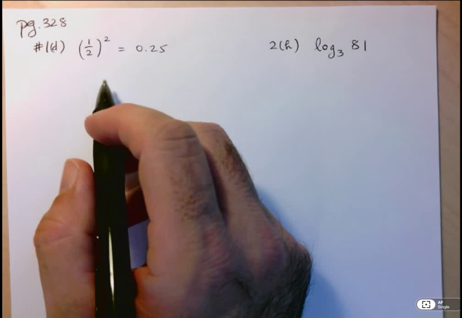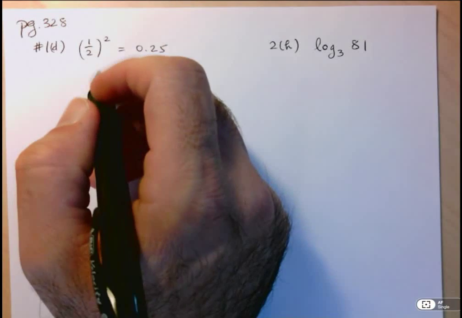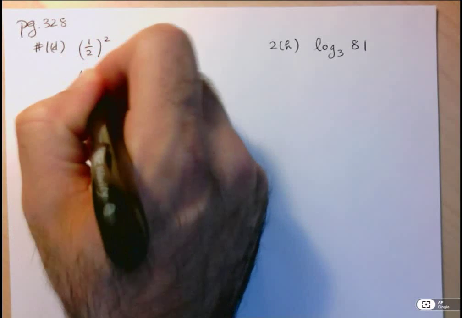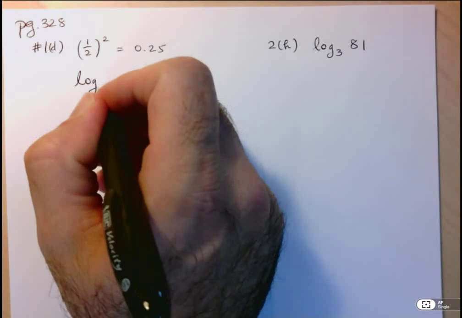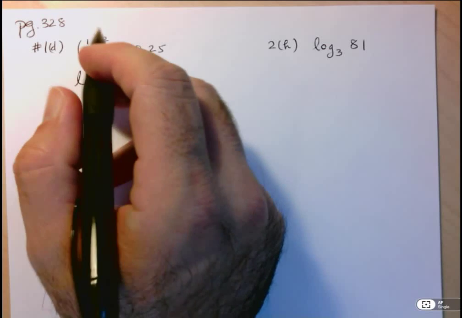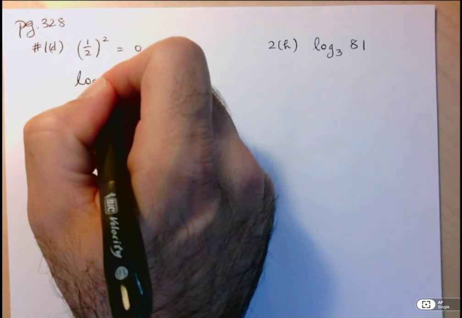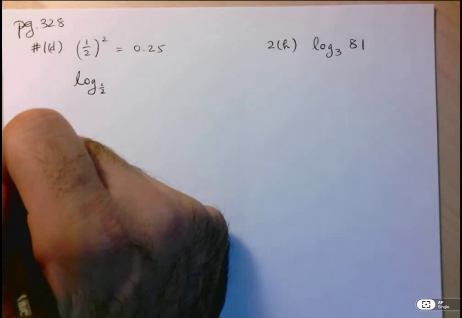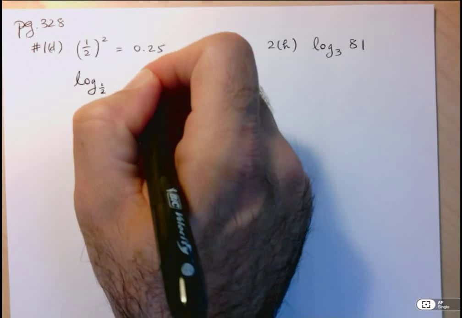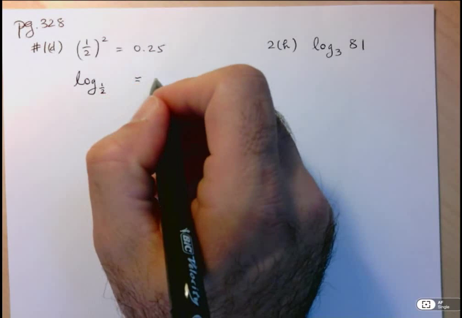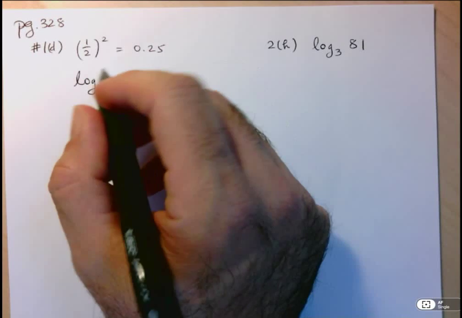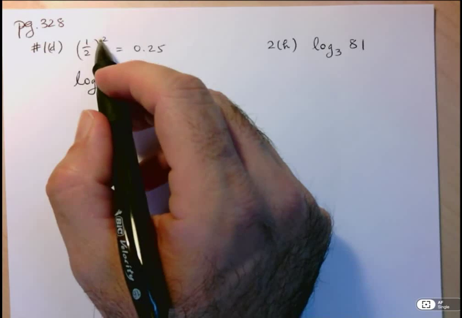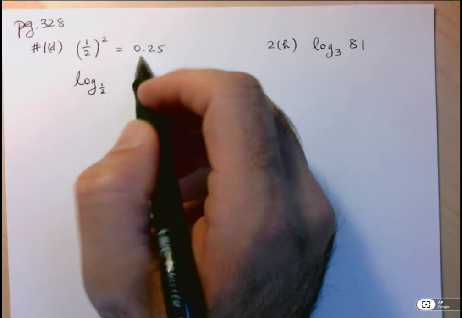Okay, so we know that in logarithmic form, this number as a subscript represents the base. So in this case, the base is 1/2. And what we have on the other side of the equation would represent the exponent, because the logarithm represents the exponent that gives us the particular answer of 0.25.